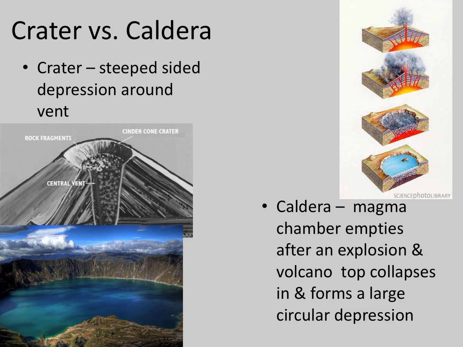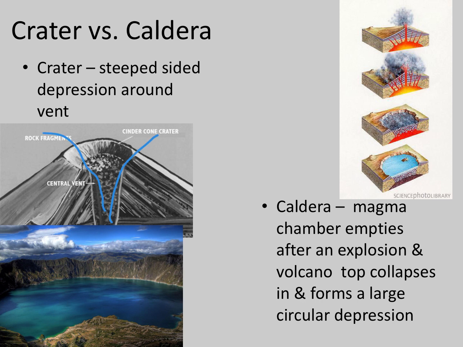And then there's the wording crater versus caldera. That can sometimes be used interchangeably, but they do mean two very different things. A crater is a steep-sided depression around a vent. So as the volcano erupts, the lava and ash form the steep-sided wall around the opening, and that is a crater.